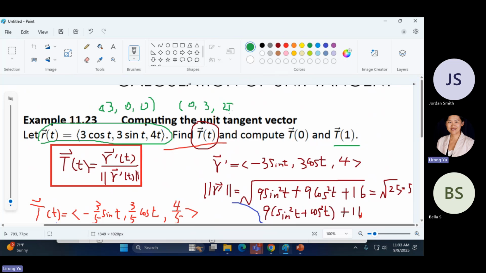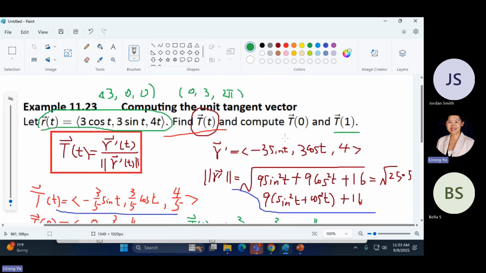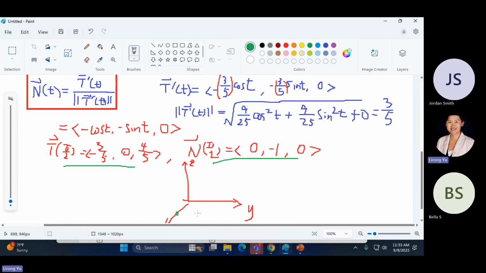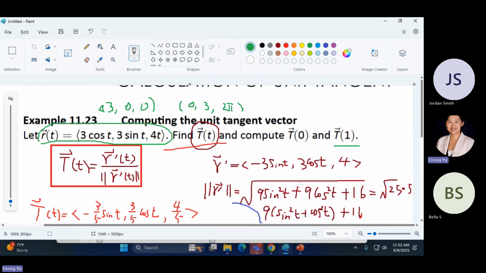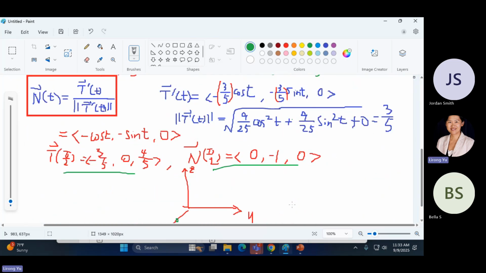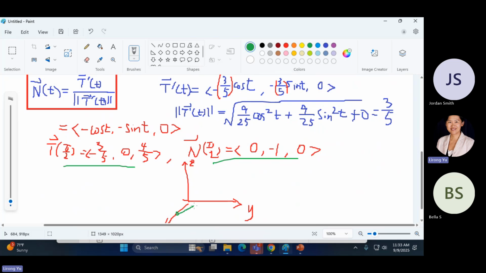So the z value is 2 pi. So you have x equal to 0, y equals 3, and b is the height. The spiral motion. So we were supposed to graph it right here.